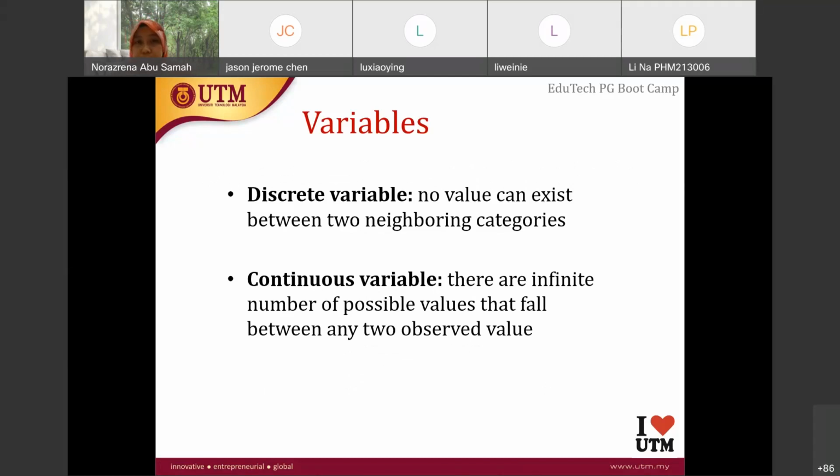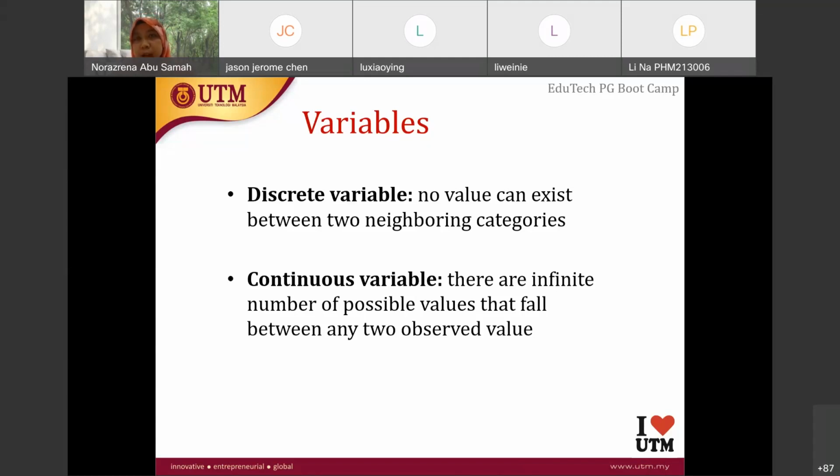There is no in between. Also race, in Malaysia we have Malay, Chinese, Indian, and so on. There is no value between the two neighboring categories. We call that a discrete variable.